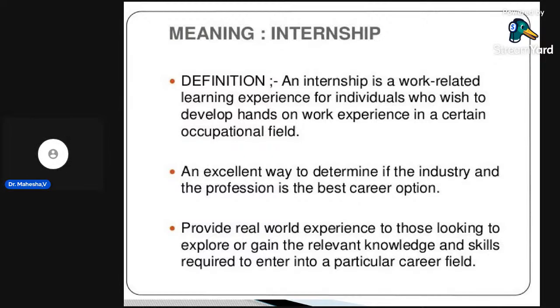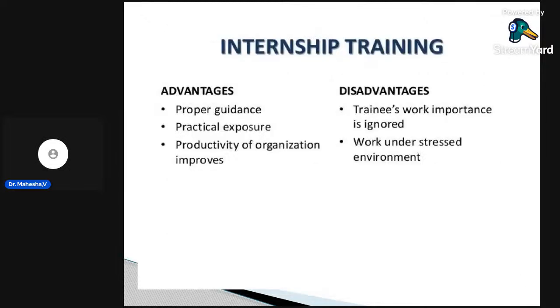Provide real world experience to those looking to explore or gain the relevant knowledge and skills required to enter a particular career field. In real life, they explore the relevant knowledge and skills which are very pertinent. Internship training advantages and disadvantages.